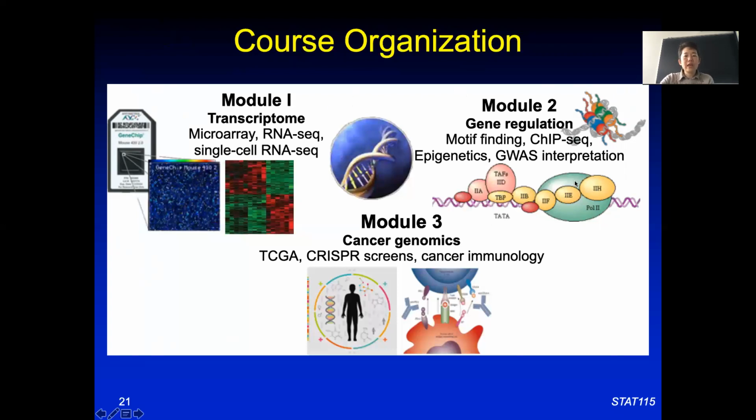Then module 2 is about gene regulation. Module 1 is kind of descriptive: you just know which genes are expressed. The second part is about why this gene is expressed at this level in disease or in development, and what's happening when you treat the cell with a drug, to understand gene regulation. There's transcription and epigenetic regulation.